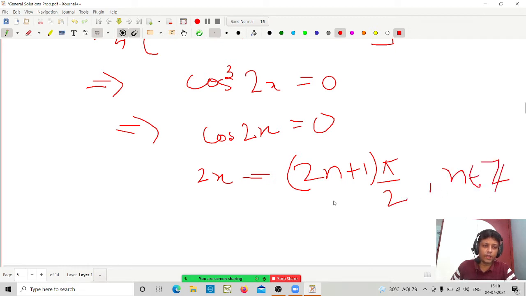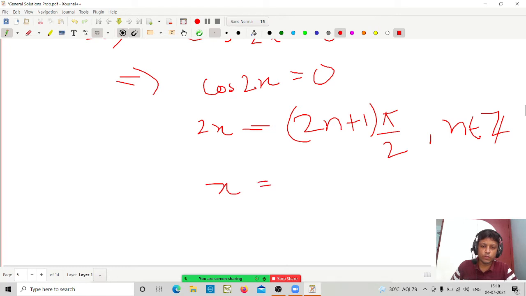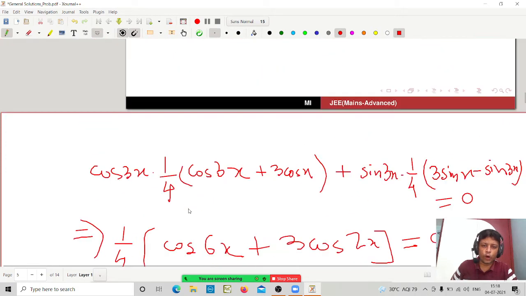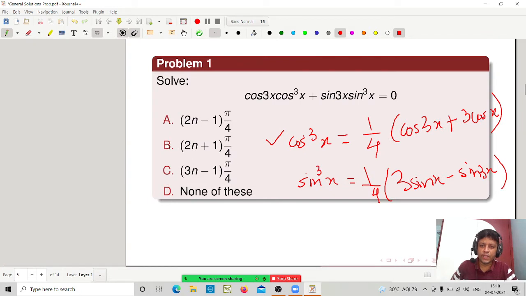So x equals (2n plus 1) times pi by 4. This is the general solution. Look at the options: b is the correct option. B is your answer. This is problem 1.